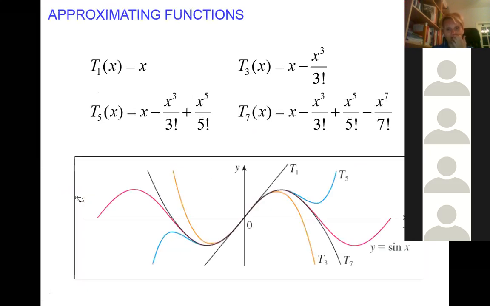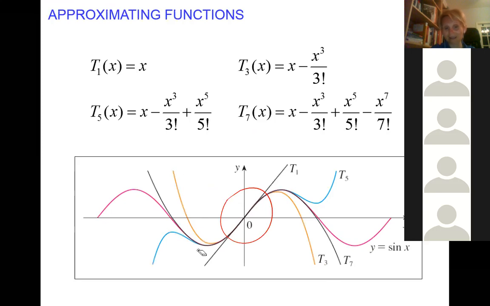And let's look at the graph. Yes, we can see the pink curve is the sine. Approximating close to 0, almost all of them look like a really good approximation. The first degree is just x, just a straight line. Third degree, which one is the third? The yellow. Can you see?